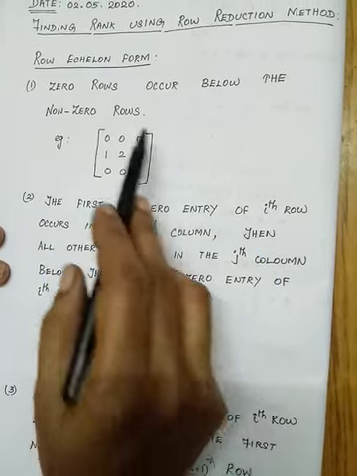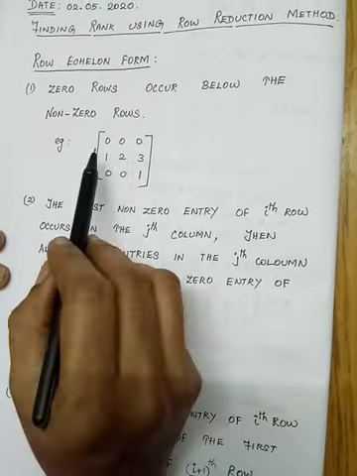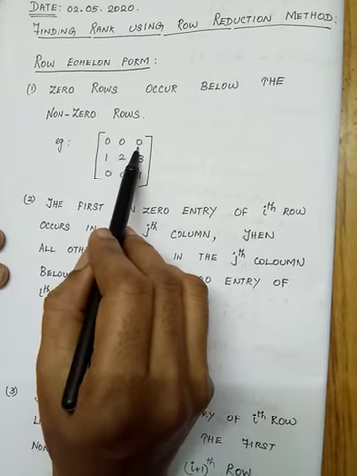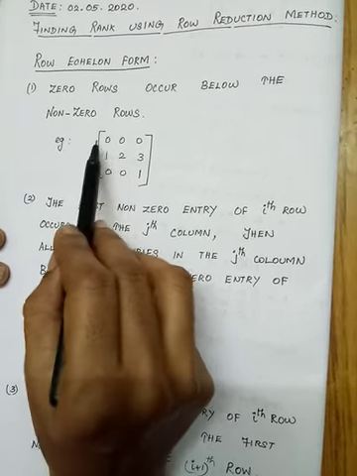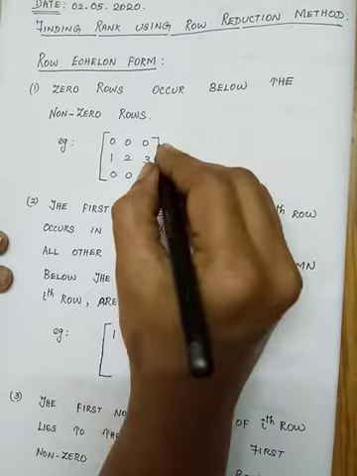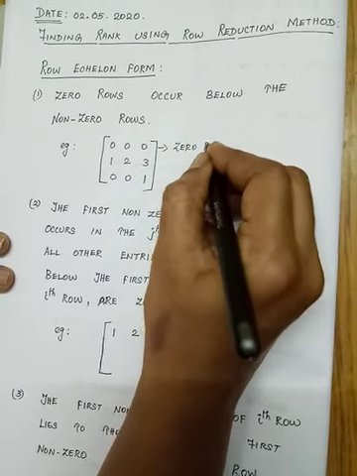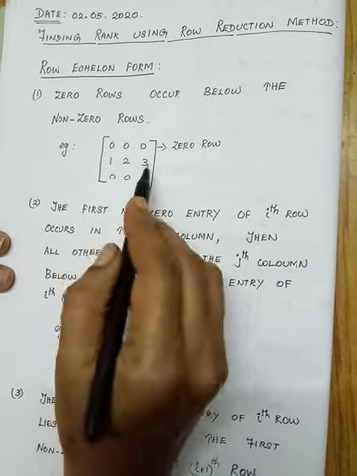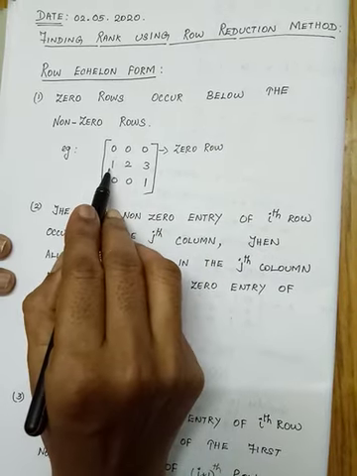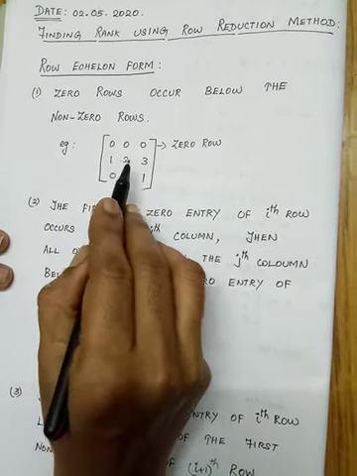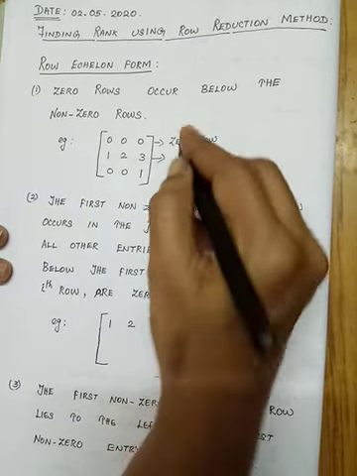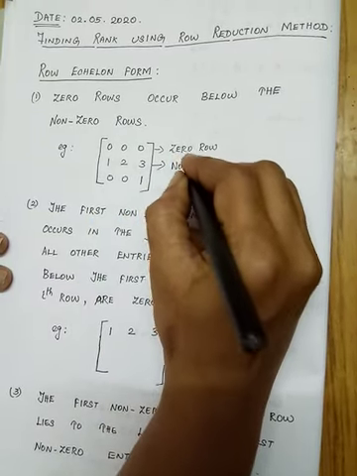For example, I have taken this matrix. Look at the first row. All the entries in the first row are 0, so it is called a zero row. Look at the second one. Here you have the entries 1, 2, 3, so this row is a non-zero row.